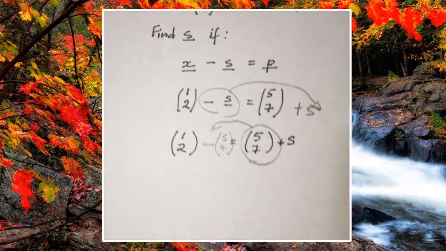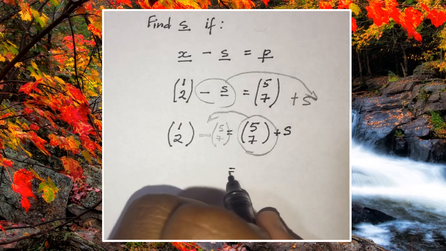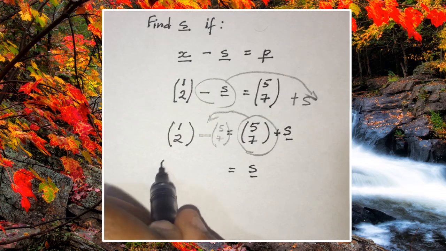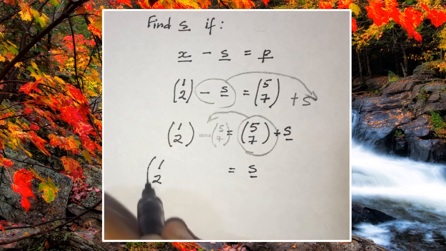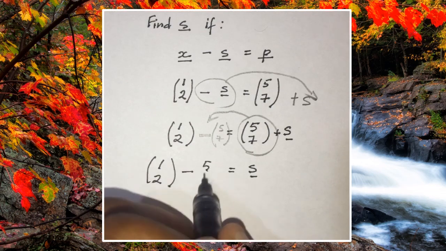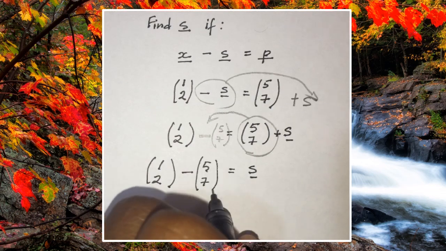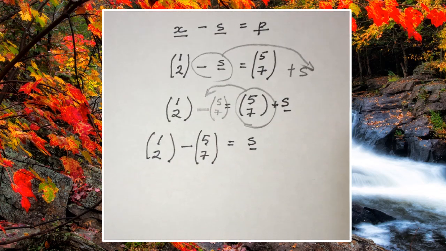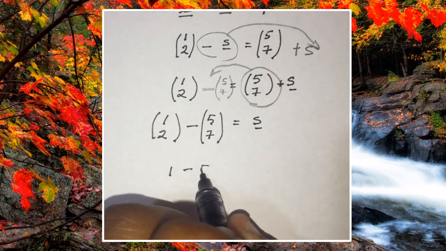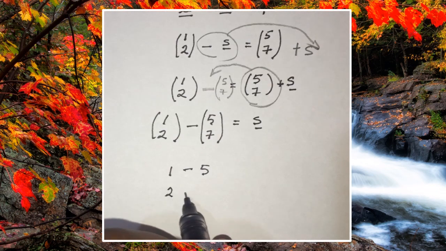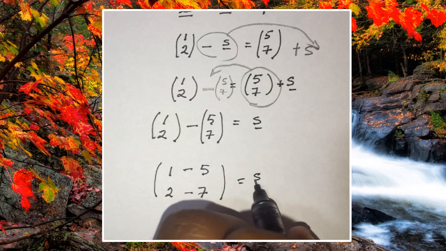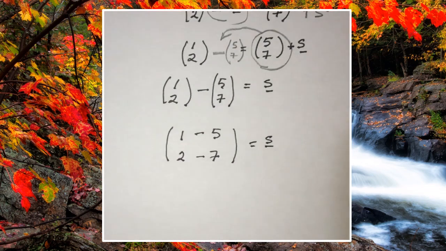So I can clean it up and say, okay, the vector s is going to be 1, 2, notice me not change the order, minus 5, 7. And we all know how to work this out, right? So 1 minus the 5 and 2 minus the 7. That should give us what the vector s is.